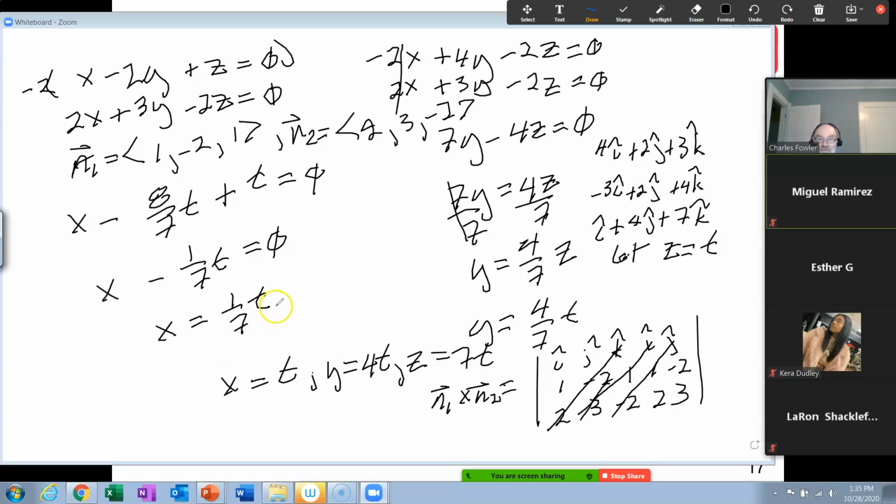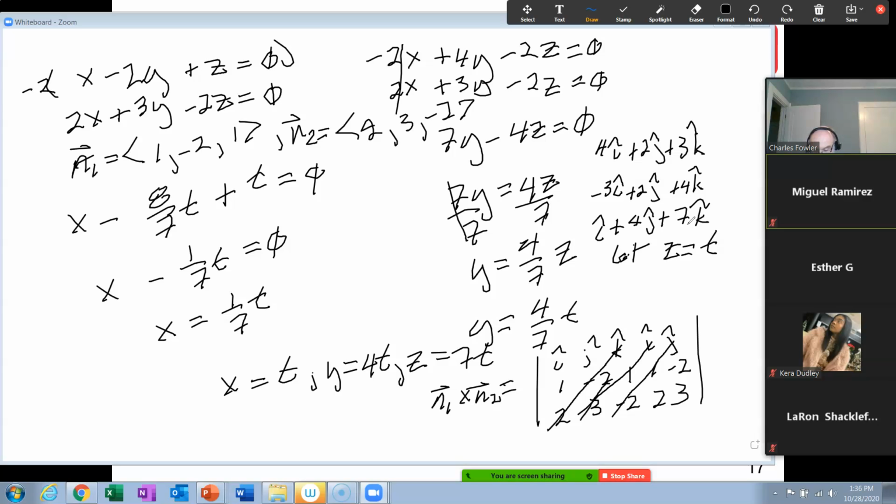Now all you have to do is set x equal t, y is equal to 4t, z is equal to 7t. That will give you that vector. To me that would have been the easier way to do it than simultaneously solving, but I wasn't sure if they were going to do that.